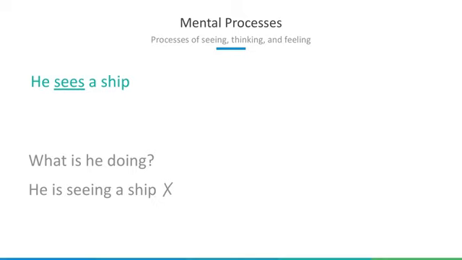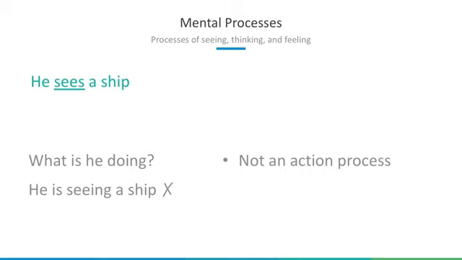Okay, because seeing is not an action, as I've said. Seeing doesn't really require any effort. It just kind of happens when you open your eyes. So, seeing is not an action process. It is an internal process of perception. So we can call it a mental process.